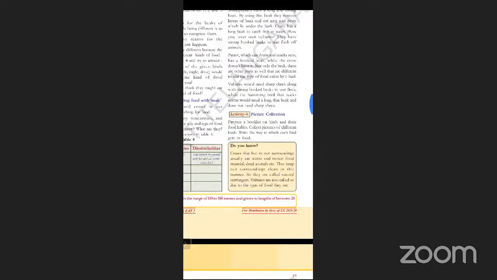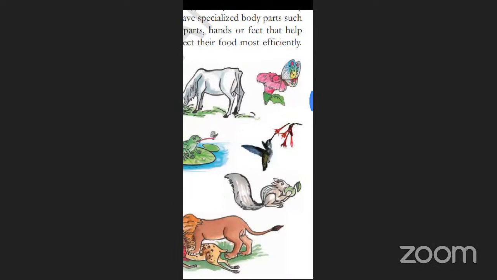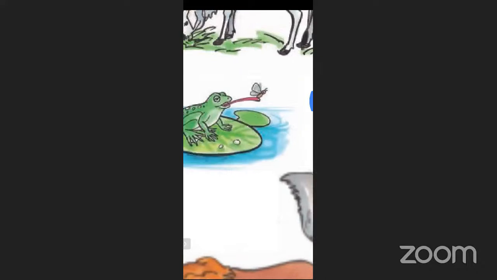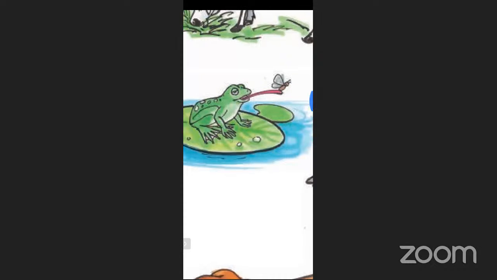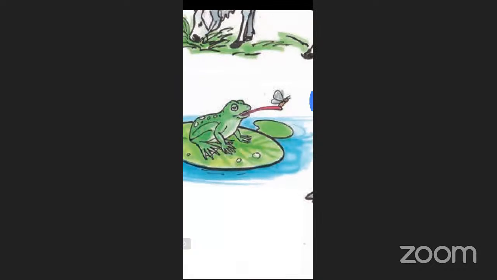See this, the frog has a sticky tongue. A frog throws out a sticky tongue towards an insect. So the insect gets stuck to the tongue, then it will swallow it. Children, did you see? When the insect is caught, it will swallow the food. మింగేస్తుంది ఇంకా. So in this manner, the frog will collect the food.